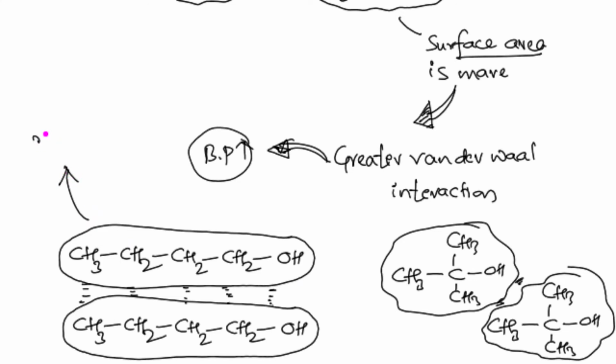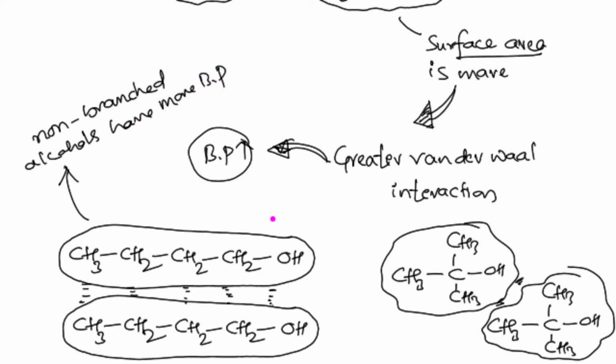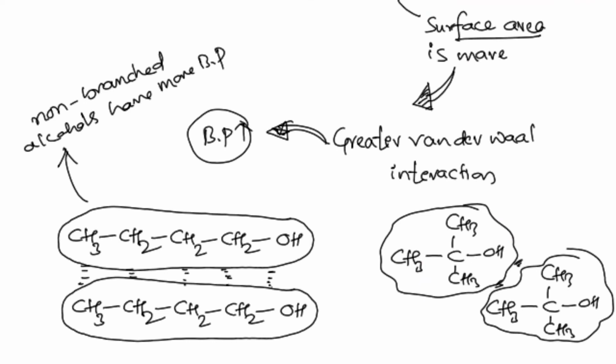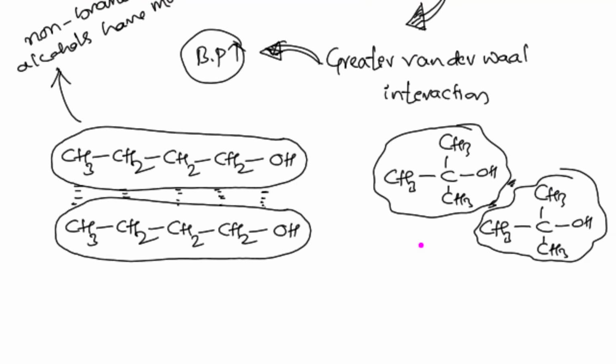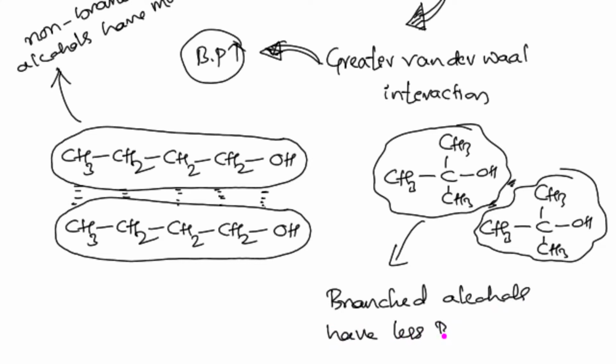The unbranched, that is non-branched, alcohols have a higher boiling point as compared to branched alcohols. These are the branched alcohols, and they have a lower boiling point.